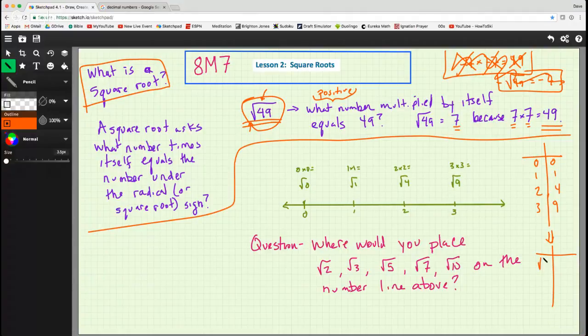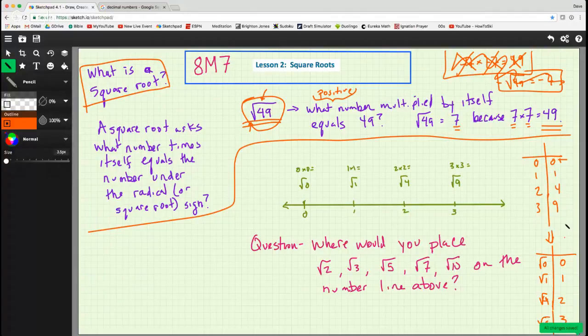We could say the square root of 9 is 3. Let's start with the square root of 0 is 0. That's this line. The square root of 1 is 1. The square root of 4 is 2. And the square root of 9 is 3.